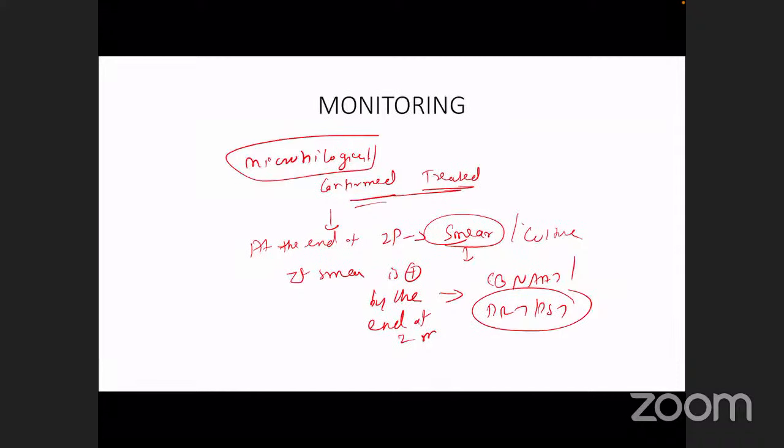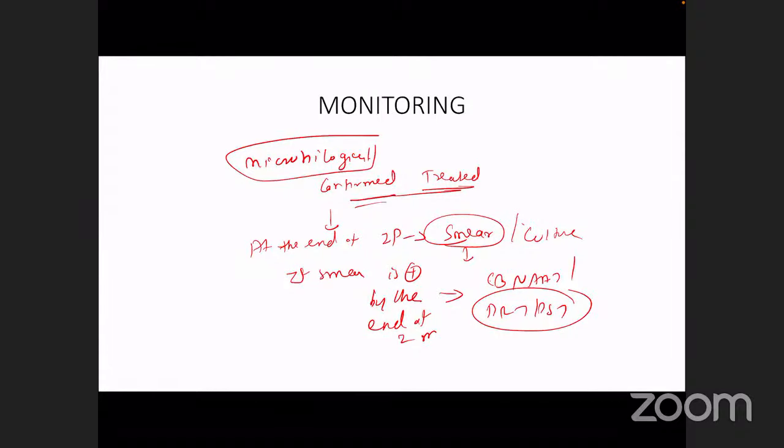You don't change the treatment, and you don't extend the intensive phase. You shift to the continuation phase of 4 months. But at the same time, you have to get the drug sensitivity testing done, whatever is available for detection of resistance. I hope this is very clear.